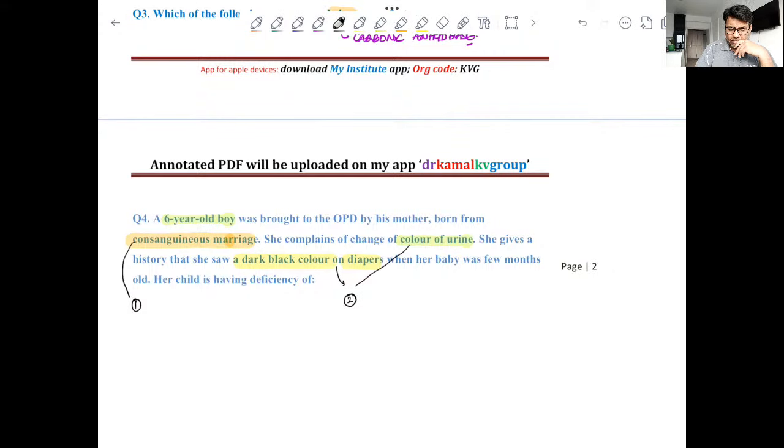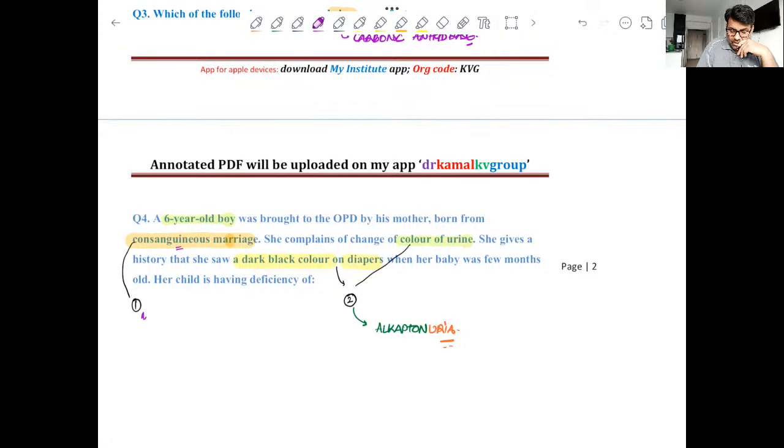And I think just looking at this particular option number 2, most of you can say that yes, this is a case of Alkaptonuria. So this is a classical description of Alkaptonuria, where the urine changes its color or it becomes dark on exposure to air. Now what does this word consanguineous marriage mean?